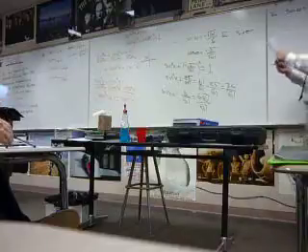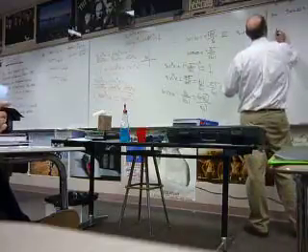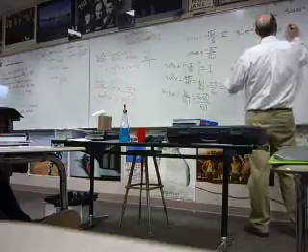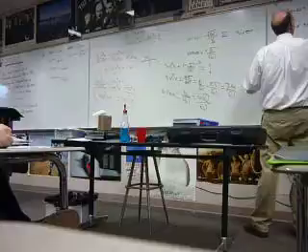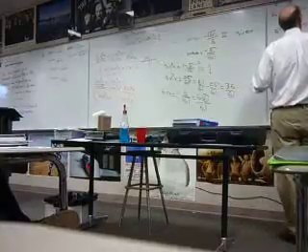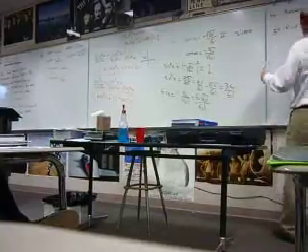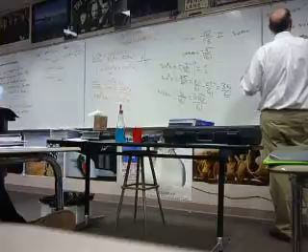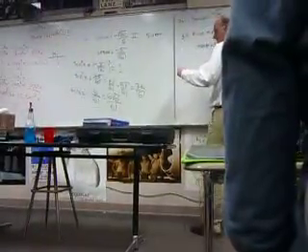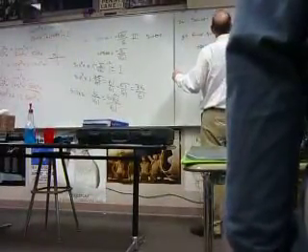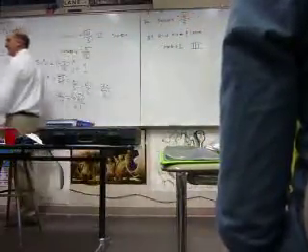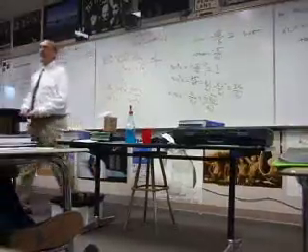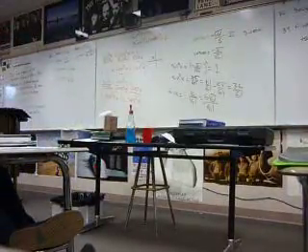Doing 39. 39, it says find sine theta and cosine theta if tangent theta is equal to 2, and we're in quadrant 3. Right? So here's what we're going to do.